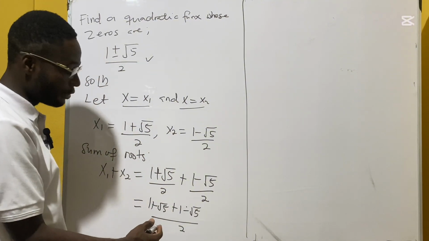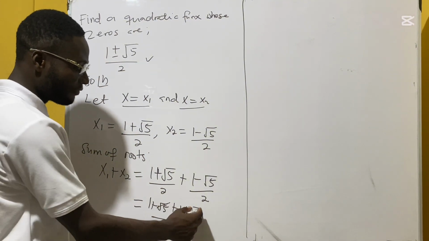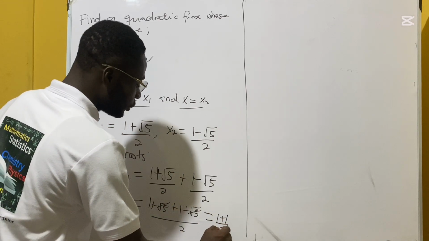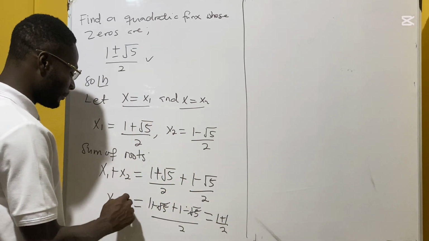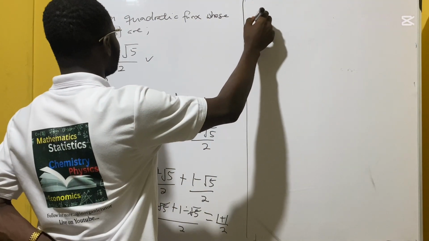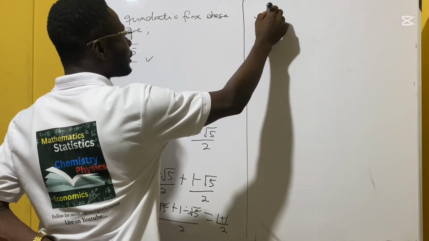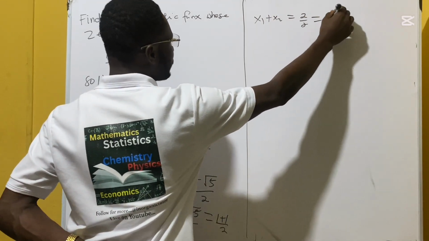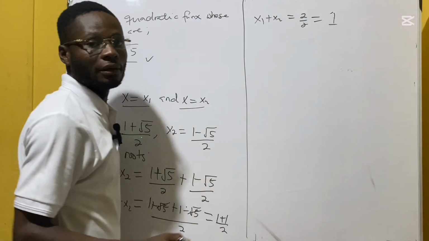The square roots cancel, and you have 1 plus 1 over 2. So that is basically the sum. The sum of these zeros, x1 plus x2, equals 2 over 2, which is equal to positive 1.